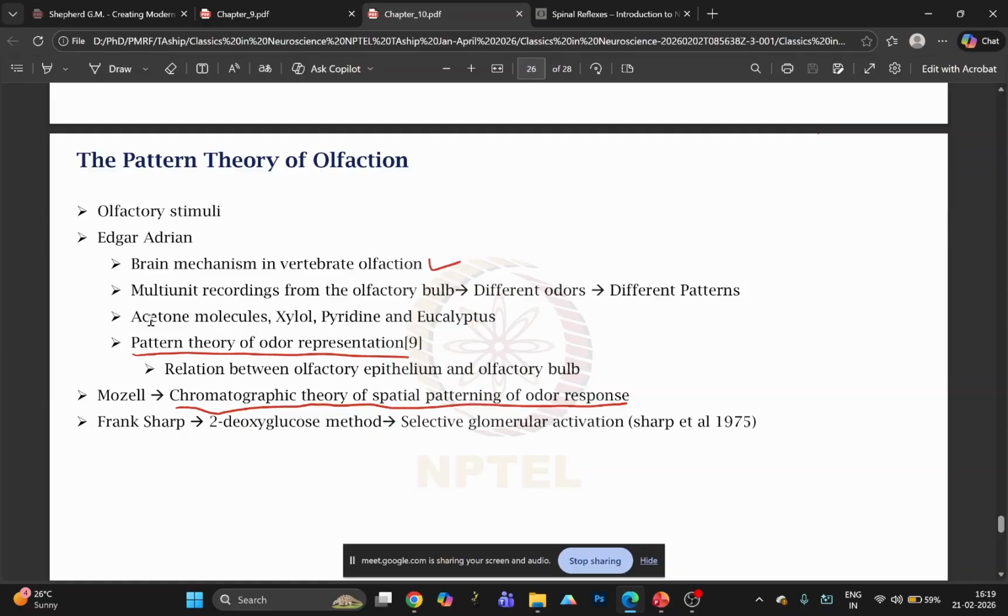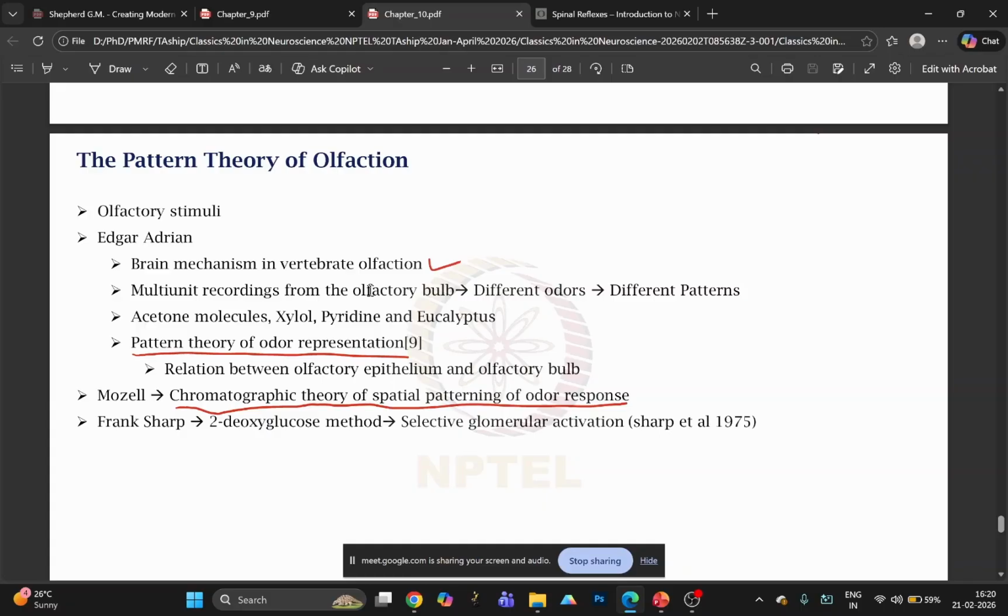And he proposed that there is a spatial patterning and a temporal patterning of the odor. So the different regions of the olfactory bulb respond differently to different odors. Certain critical regions will respond more strongly to acetone, and certain regions might more strongly respond to xylol and pyridine and so on.